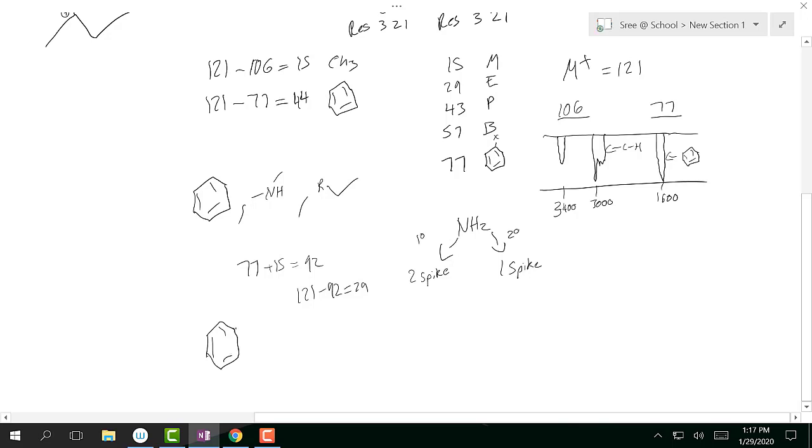But if you didn't know that and you tried the ethyl first, and then you try to put the amine, it doesn't work out because that's a primary amine. So this is ethyl first and amine second. This way is amine first, and ethyl second.